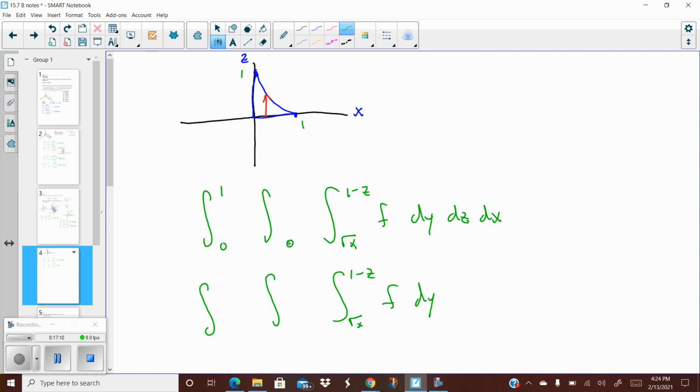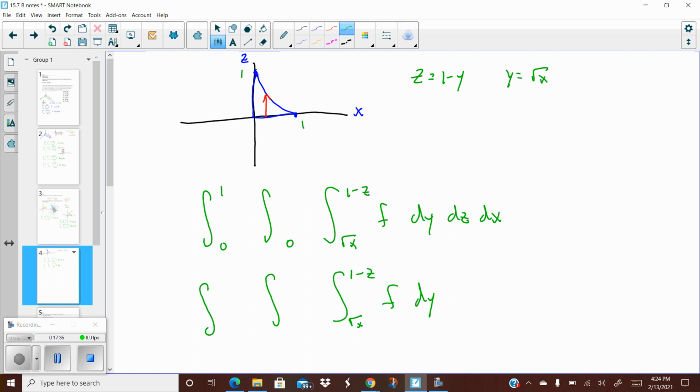Well, let's see. The original curve right there is defined as z equals 1 minus y. But we can't have a y left over in our function. The good news is that I also have that y is the square root of x, and that's from the previous page. Okay, those are part of your bounds.